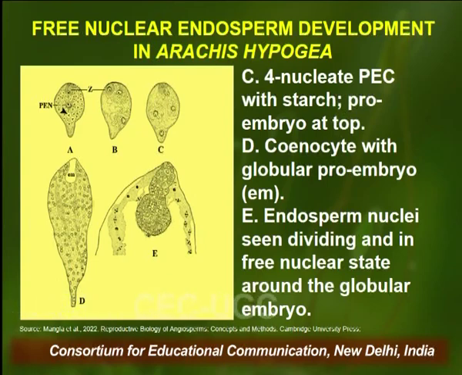Pro-embryo is present at the top. And then in figure D you see that there is a cenocyte with globular pro-embryo which is shown here as EM. Then there are endosperm nuclei seen dividing, and in the free nuclear stage these are present around the globular embryo.